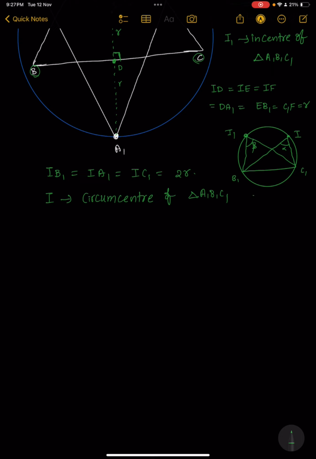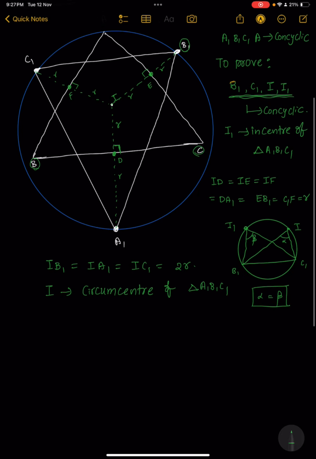So we have to prove that alpha is equal to beta. If we prove alpha is equal to beta, then it is as good as proving B1, C1, I and I1 are concyclic. So let us proceed to the question.